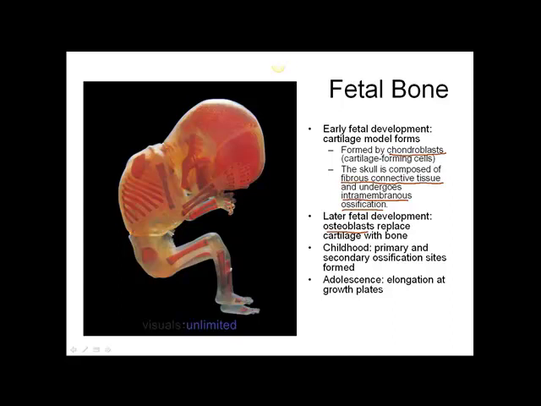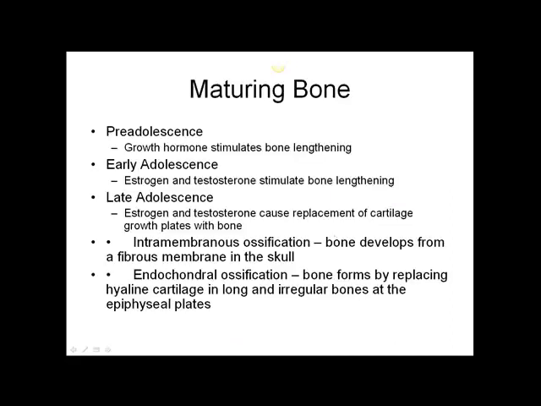And in adolescence, we get further elongation of the growth plates, and in men this goes on till about 25 years old. So in pre-adolescence, this is before puberty, growth hormone stimulates all of the bone lengthening, and during puberty, estrogen and testosterone start to course through the body, and they stimulate the lengthening of the bones.